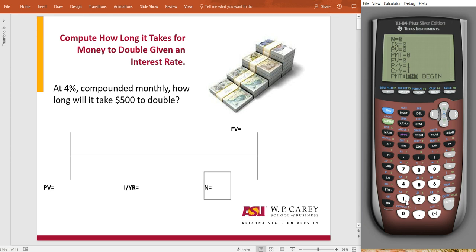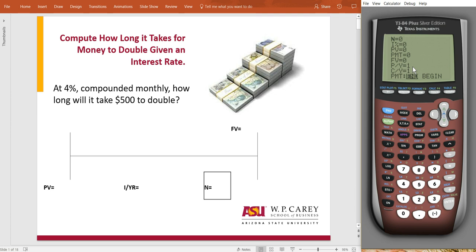PV is present value. Payment is PMT. FV is future value. P/Y is number of payments per year. And I recommend keeping this at 1.